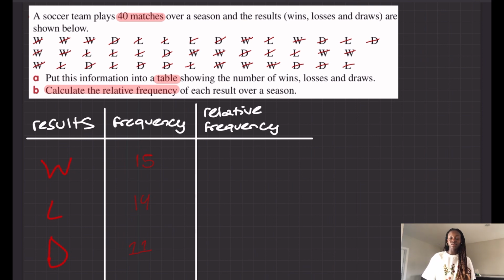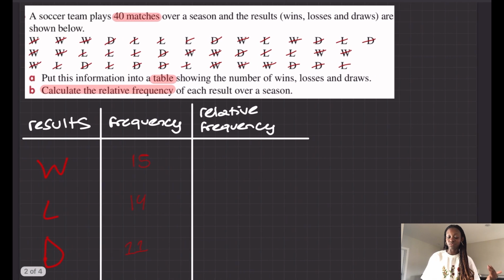Now we're going to convert these frequencies into relative frequencies. So the relative frequency is the frequency expressed as a percentage or a decimal, or, before we find the percentage or the decimal, a fraction.